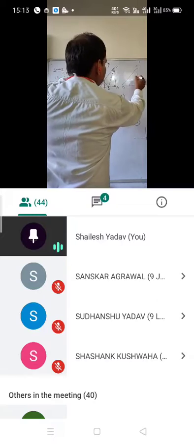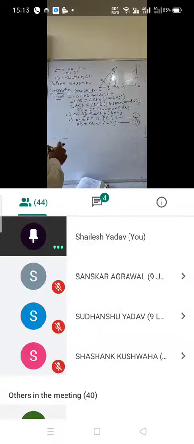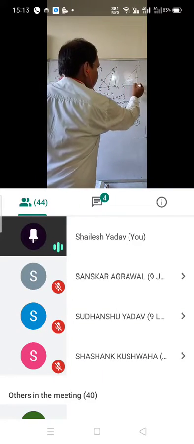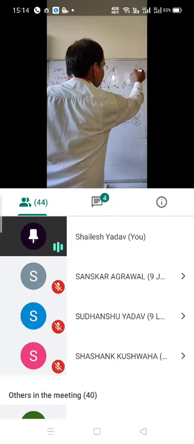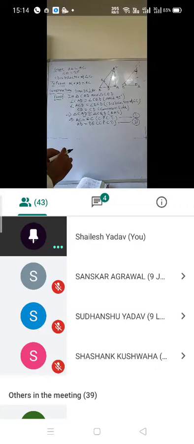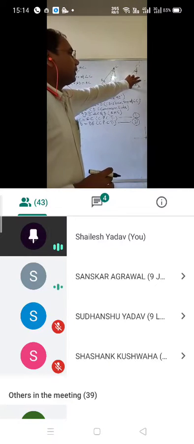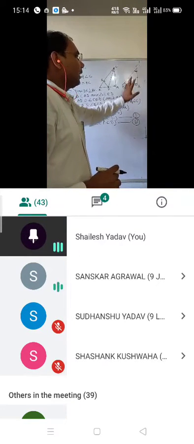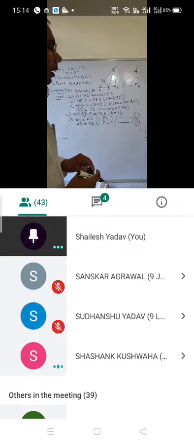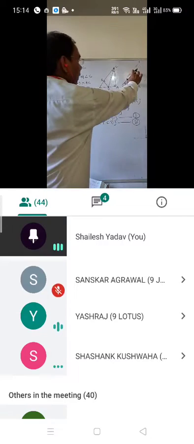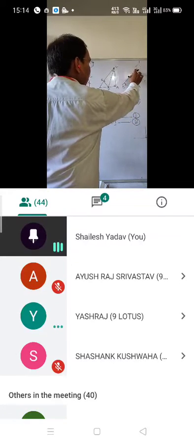Here AB and AC are equal. So students, if it is 90 degree and AB and AC are equal, what will be the value of these two angles? If these two sides are equal, their opposite angles will be equal. So this angle and this angle, both opposite angles of equal sides, are equal.